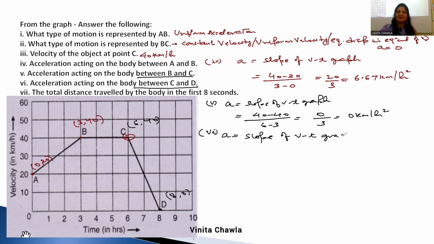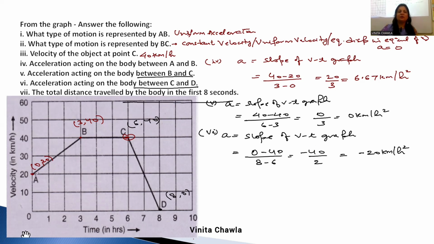Very nice. Slope of the VT graph, so it's 0 minus 40 divided by 8 minus 6. Now you will get your acceleration negative because it is retardation. So it is minus 20 kilometer per hour square.